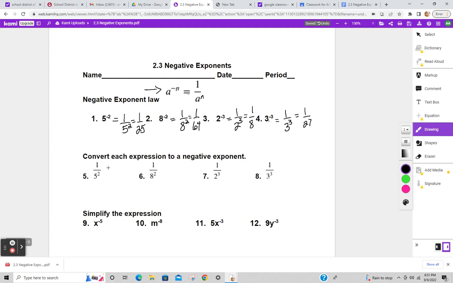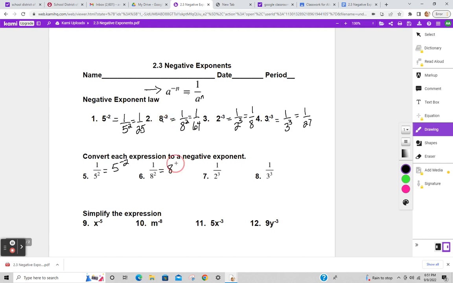Okay, now we can go in the reverse. Look, this is our answer for this problem right here. So we can go in the reverse. We go from here to here. So this will be 5 to the negative second power. We're going in the reverse. This is what we had first, and we convert it to this form. So now let's go from this form to this form.